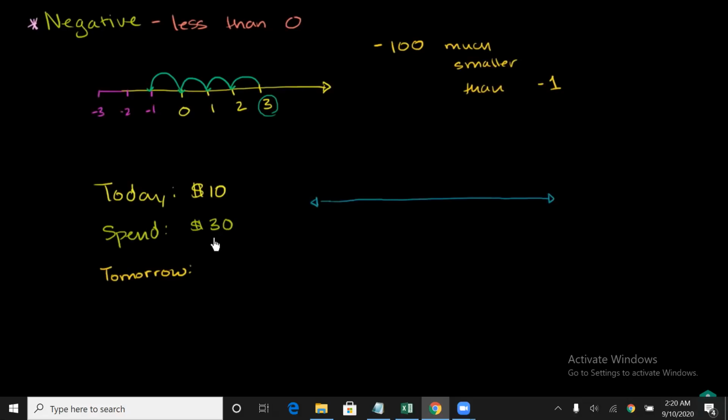So I'm going to owe the bank $20. In my bank account, to show how much I have, I could say 10 minus 30 is actually -$20. So tomorrow I am going to have negative $20. If I say I have -$20, that means I owe the bank. Not only do I have nothing, I owe something.